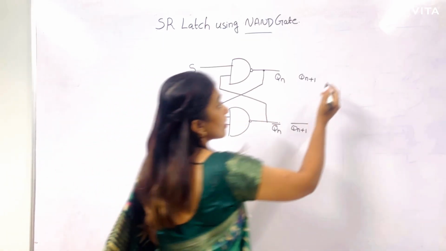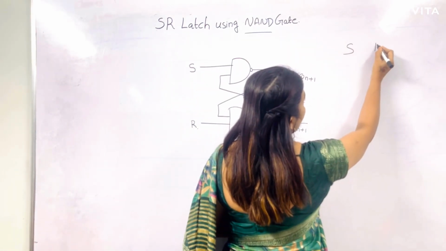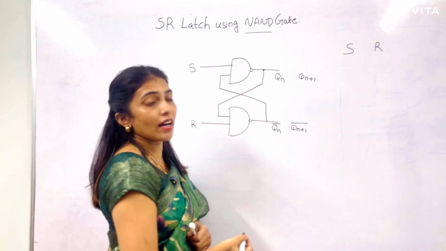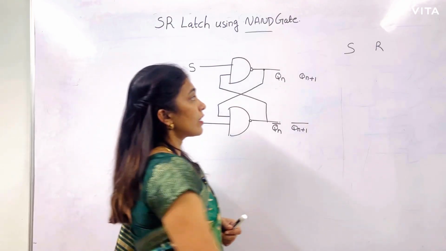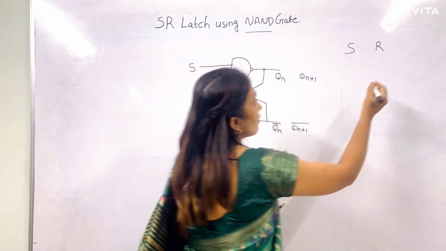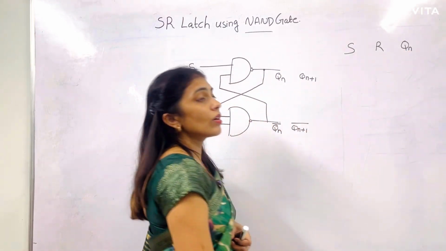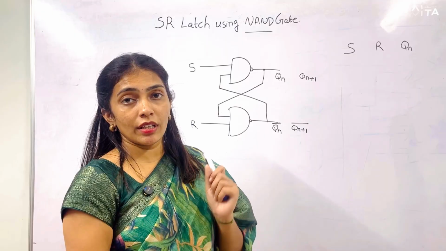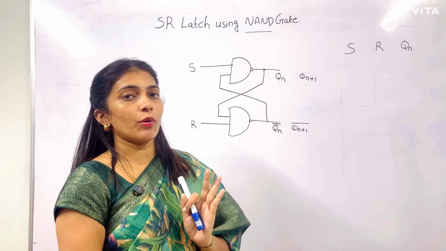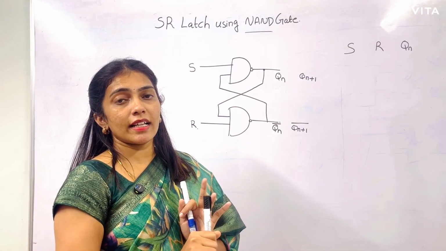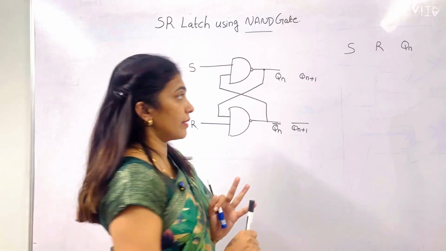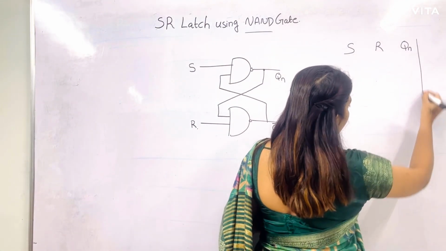Two inputs: S and R, set and reset. Along with these two inputs, we consider the present state Qn as an input as well. So in the truth table we are taking three inputs: set, reset, and Qn, the present state output.